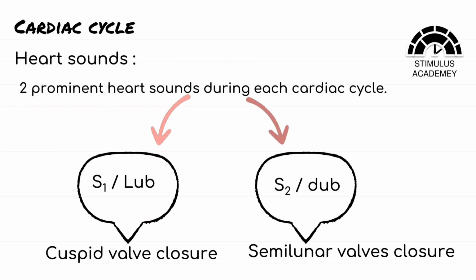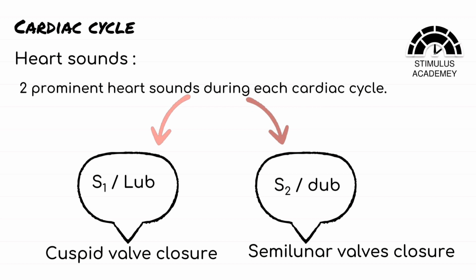During each cardiac cycle, two prominent heart sounds can be heard with a stethoscope. These two heart sounds are associated with the closure of valves. Which valves? We know there are two types of valves, cuspid valves and the semilunar valves. So, S1, that is lub, is heard when the cuspid valves are closed.